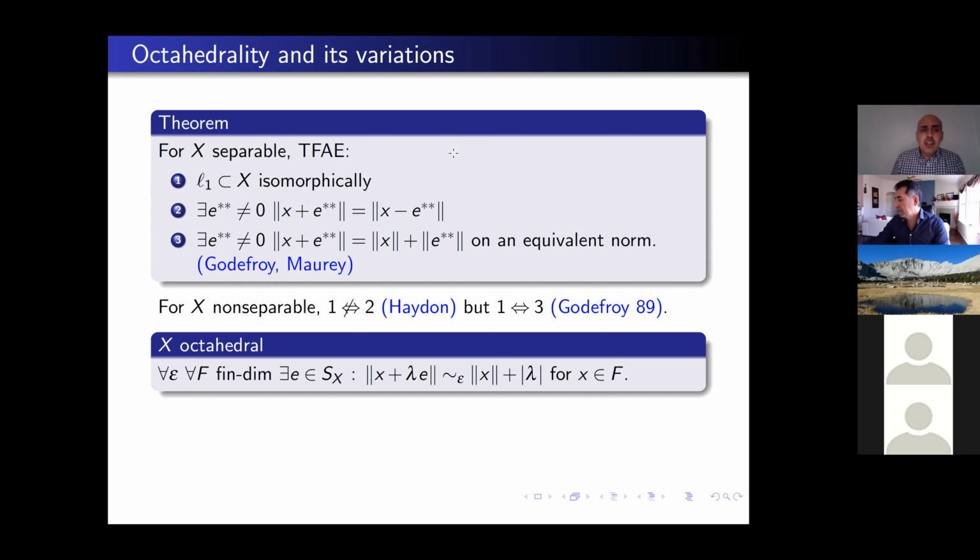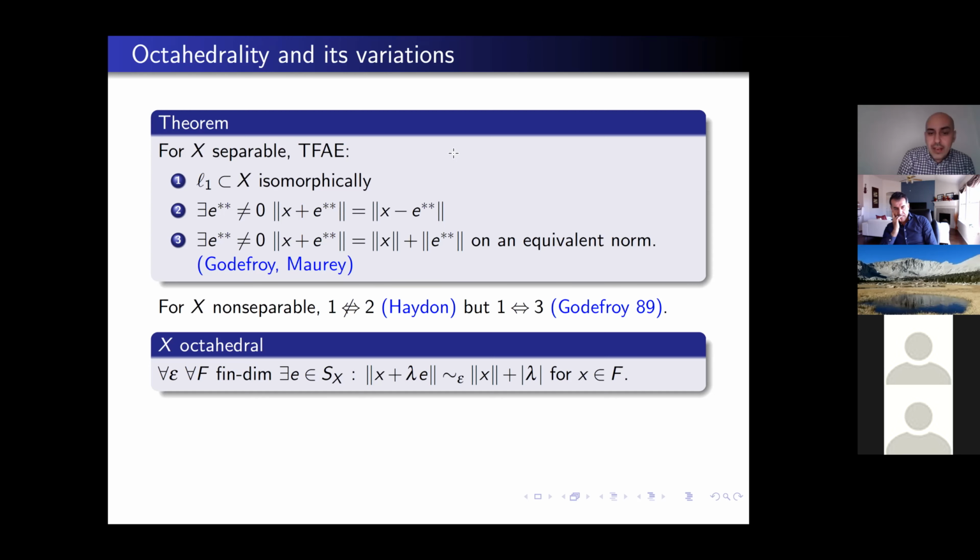But instead of comparing elements of X with elements of the bidual, we go to every finite dimensional space and we want to find an element outside of it so that when I add up elements of the finite dimensional space with this element outside, the norm behaves as if it was L1, as if I was adding a new coordinate to L1.